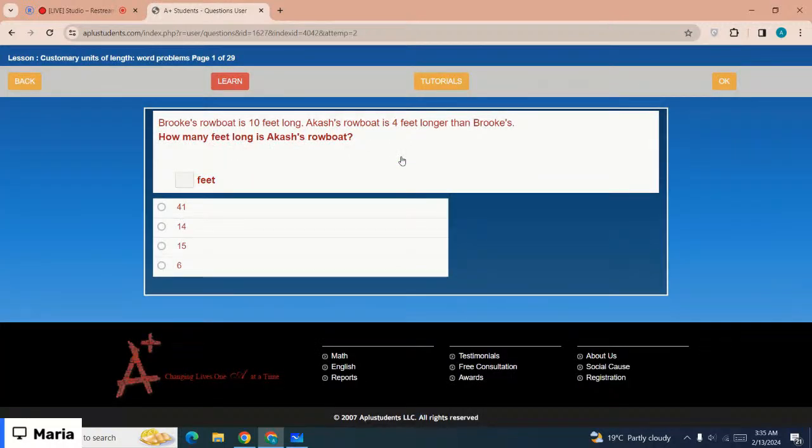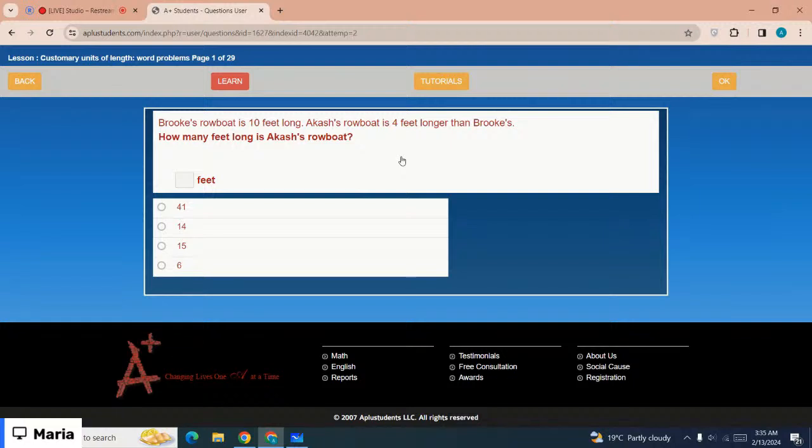Brooks' rowboat is 10 feet long. Akash's rowboat is 4 feet longer than Brooks', right? So when it's longer, you have to add. When it's shorter, you have to subtract. That means Brooks' rowboat is 10 feet long.